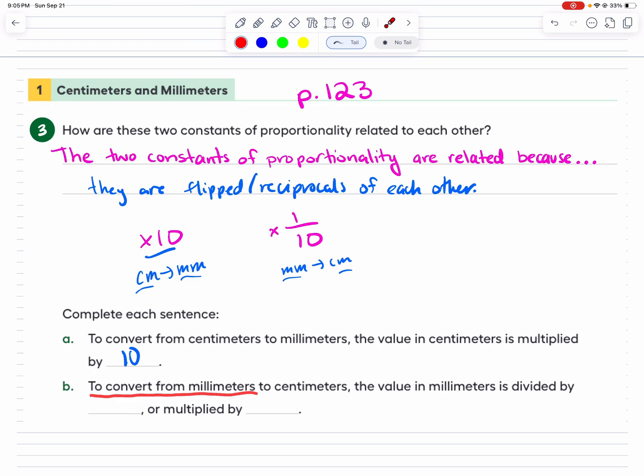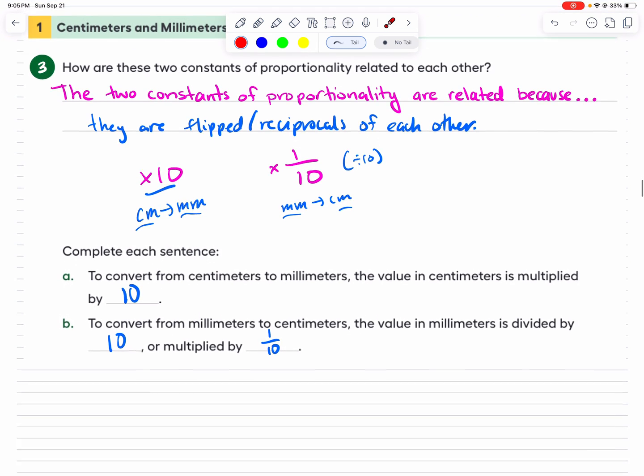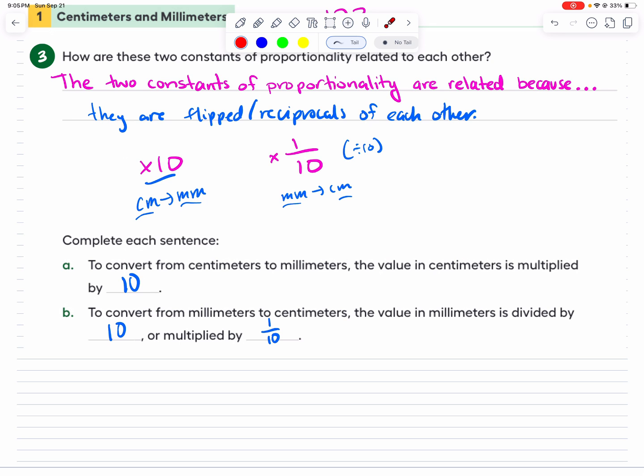To convert from millimeters to centimeters, the value in millimeters is divided by 10, or multiplied by 1/10. All because our table made a difference in how we wanted to look at our units. So sometimes you could have the reciprocal version of a constant of proportionality depending on what your table's giving you.